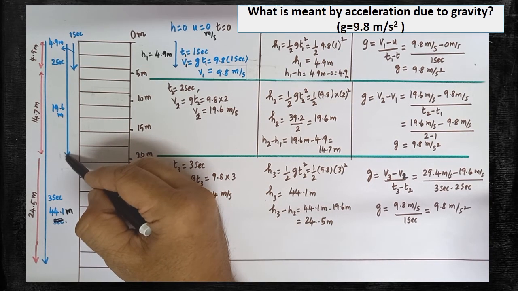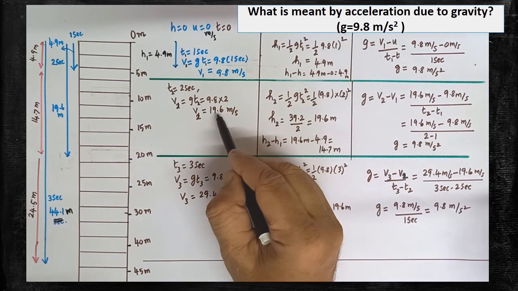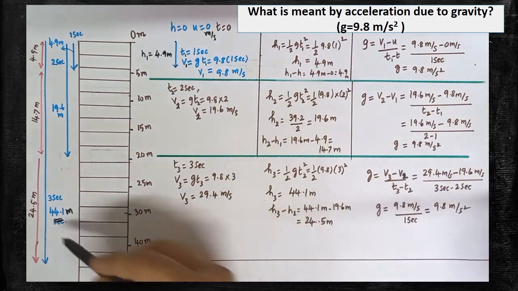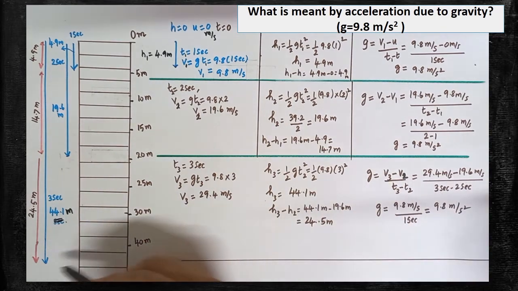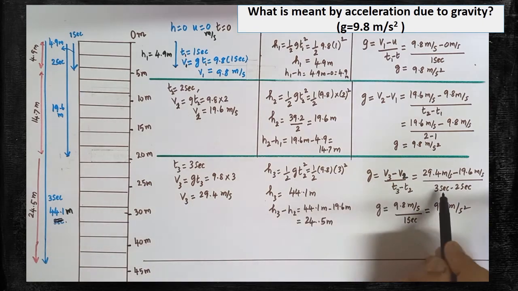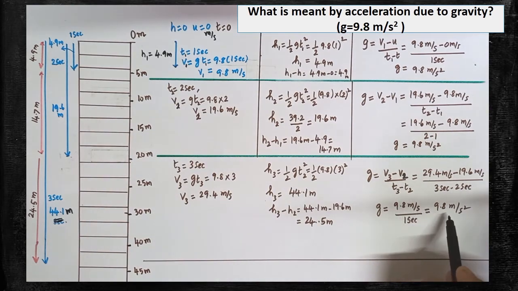Here we have calculated one velocity, which is the initial velocity with respect to that point. Substitute. Now what is the time difference? The third second is over, so 3 seconds minus 2 seconds. Substitute, calculate. Again you are getting g value as 9.8 meter per second square.